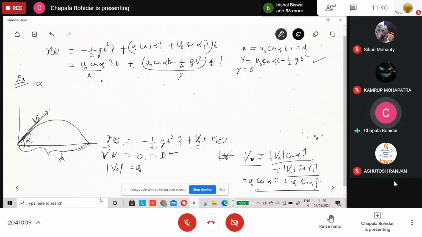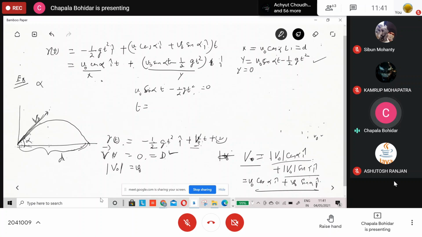When y is equal to zero, we get V naught sin alpha t minus 1 by 2 g t square equal to zero. From here, what is the value of t? Tell me. Simplify.